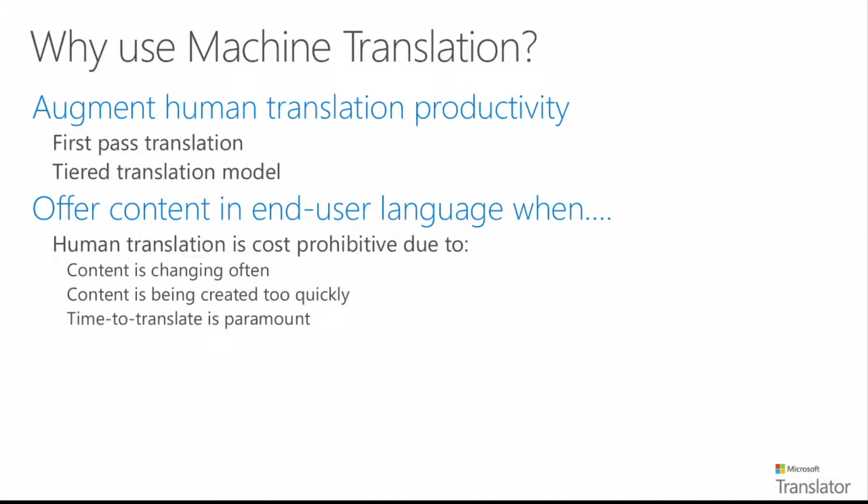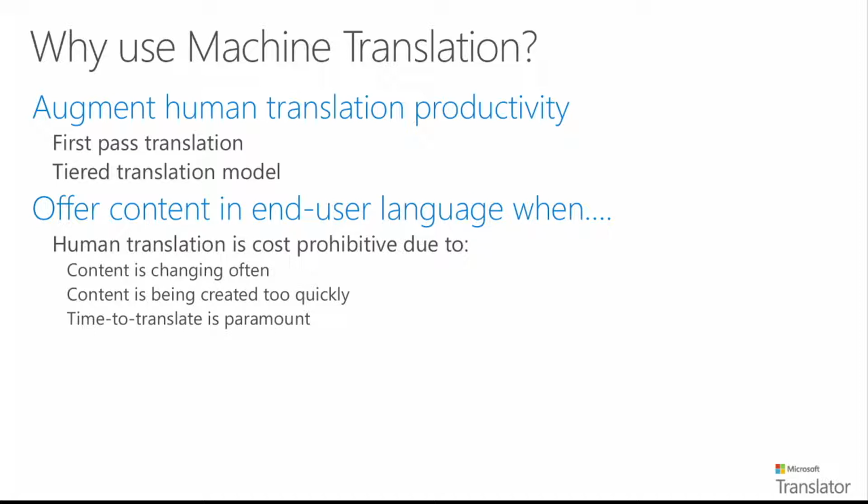Why would you use automatic translation in your service or application or in your workflow management system? You can augment the human translation process by offering a first-pass translation that is available to the human translator.